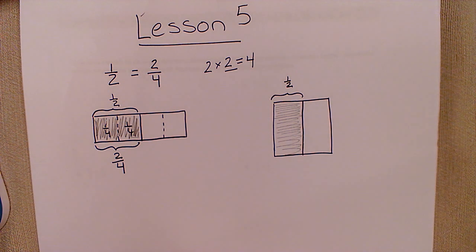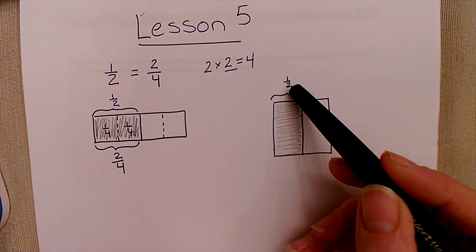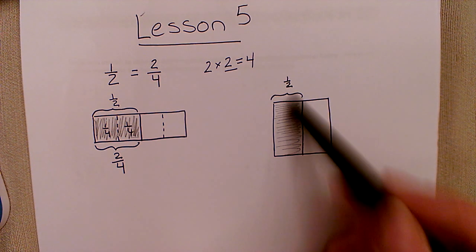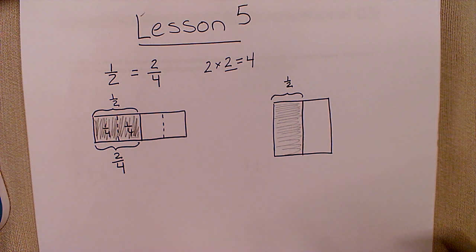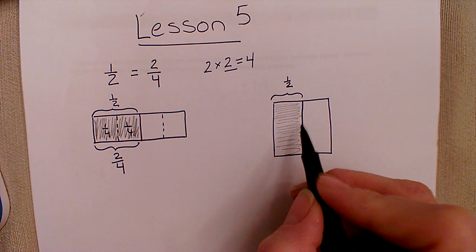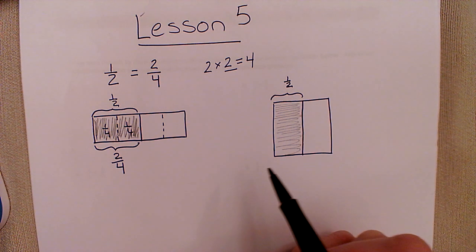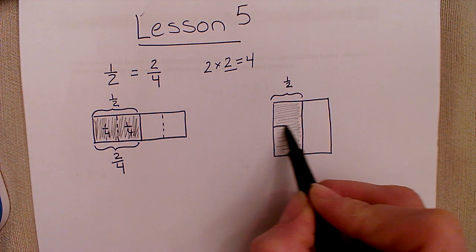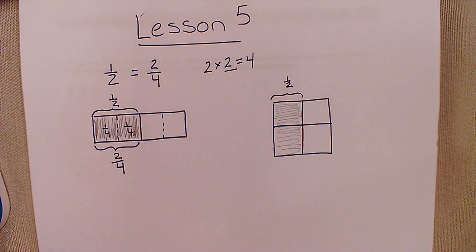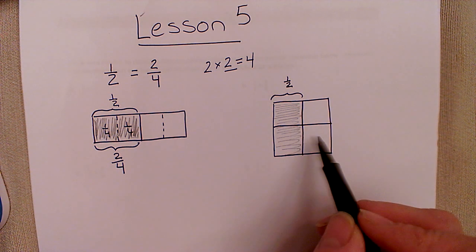But in today's lesson, instead of turning this 1/2 into fourths by cutting each of these in half this way, I am actually just going to cut across horizontally instead. So I'm going to take this 1/2, and I already know I have to turn it into 2 pieces to make fourths, and I'm going to cut it up this way. So now you can see I have 1, 2, 3, 4.